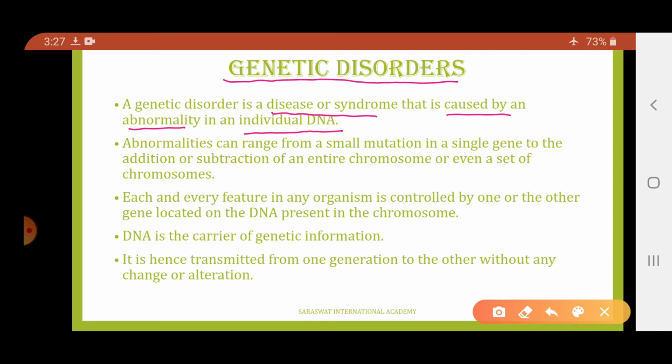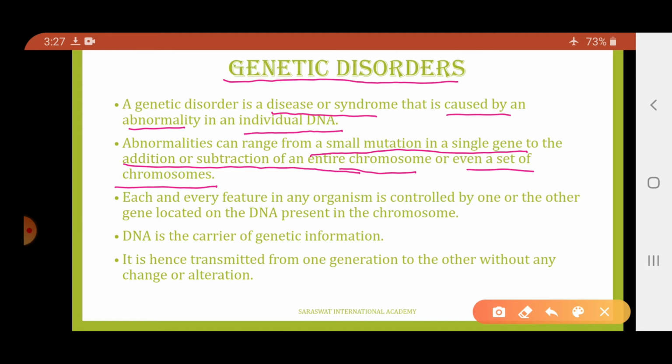These abnormalities can range from a small mutation in a single gene to the addition or subtraction of an entire chromosome or even a set of chromosomes. Students, we have studied mutations, through which we know how abnormalities occur in genes.